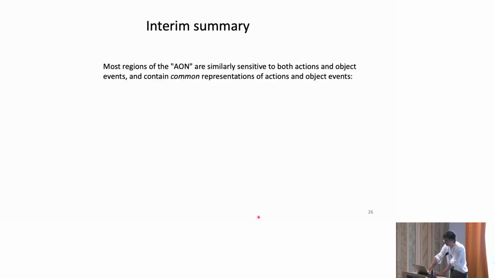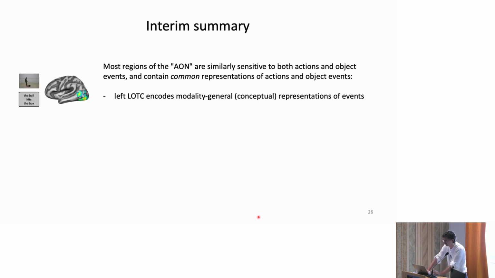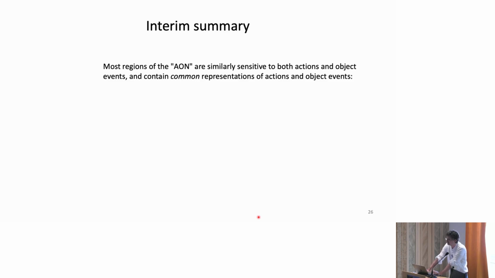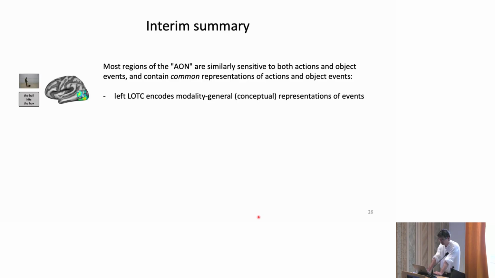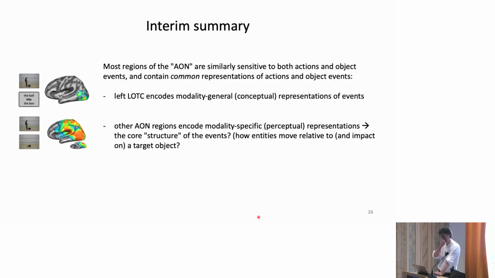Okay, so that was really a lot of findings. Let's quickly summarize them. So, most of the action observation network regions are actually similarly sensitive to actions and object events, and they contain common representations of actions and object events. So first, the left LOTC encodes modality general, conceptual representations of events, whereas other action observation network regions encode modality specific, that means more perceptual representations.